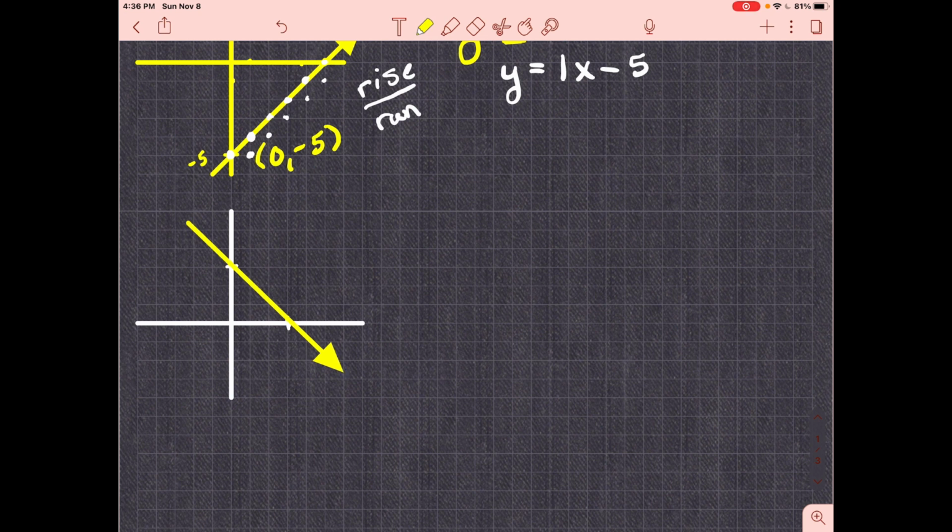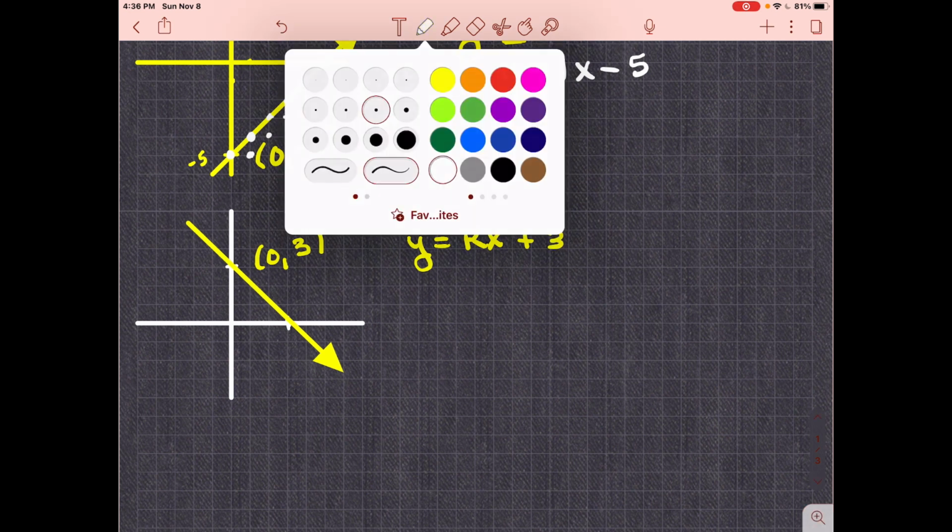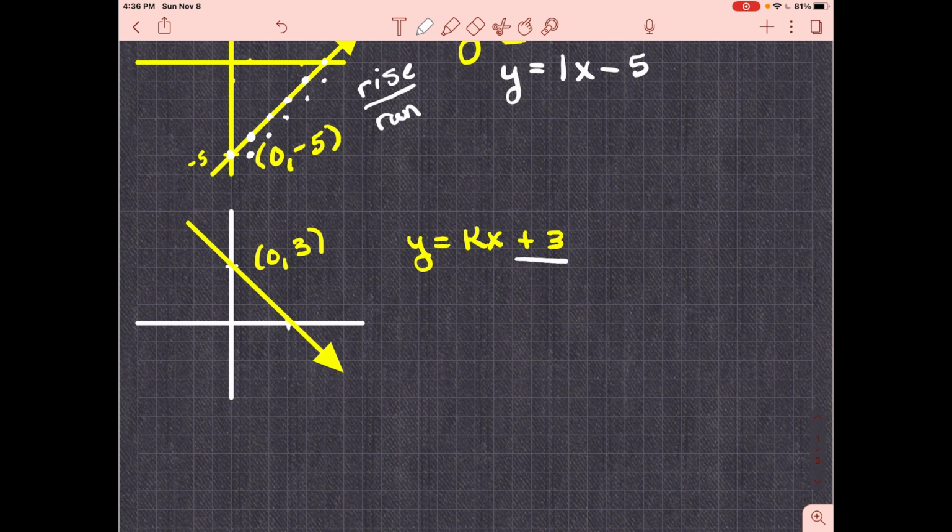And so we would say that the y-intercept here is at 0 and positive 3. And so when we write our equation y equals kx, we're actually going to adjust this and put a plus 3 because you just are going to write whatever the y-intercept is right here.